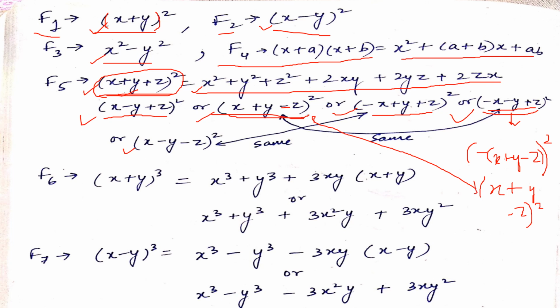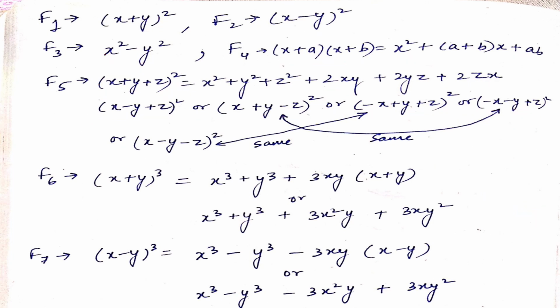Okay. Similarly, this (-x + y + z) whole square is the same as (x - y - z) whole square. The same way you can check this thing also. Let me tell you how. Here also if you take negative as common, what will happen? Minus will come outside. But whatever was positive earlier will become negative now. So x was positive earlier, it becomes minus x.